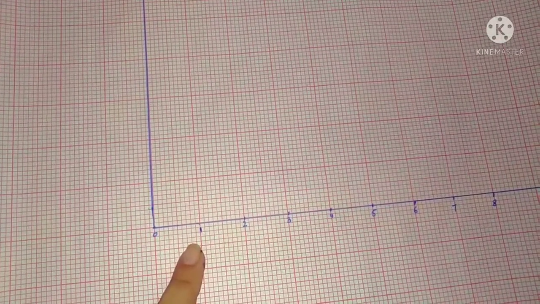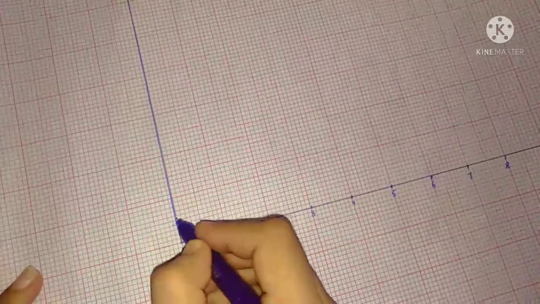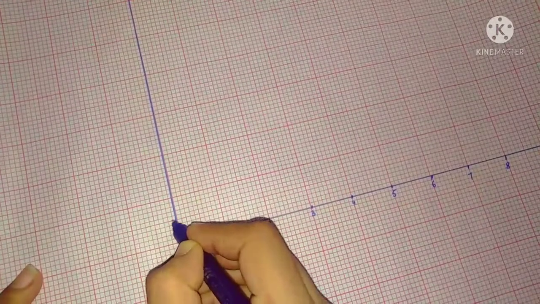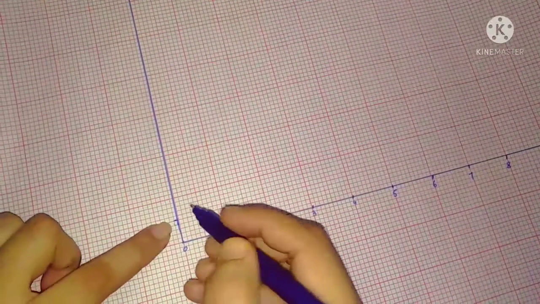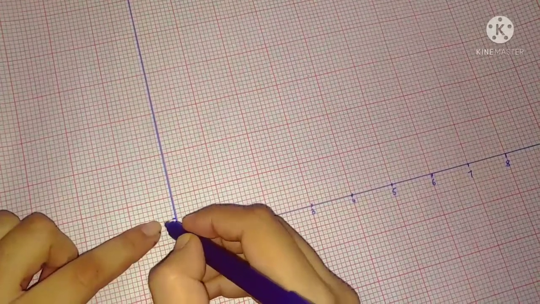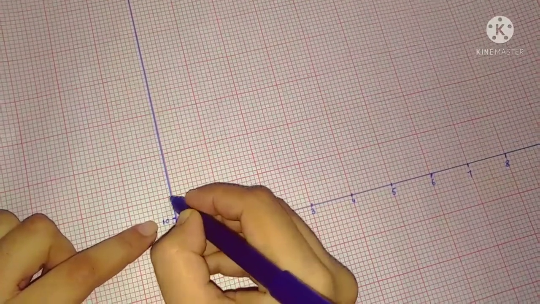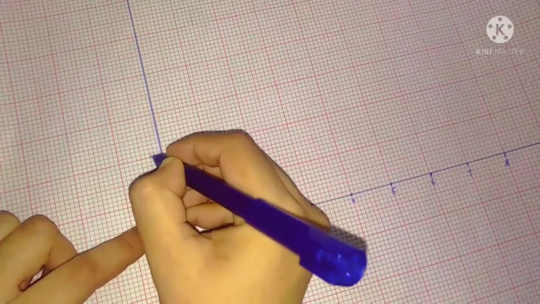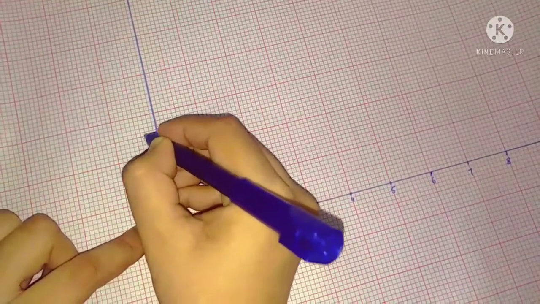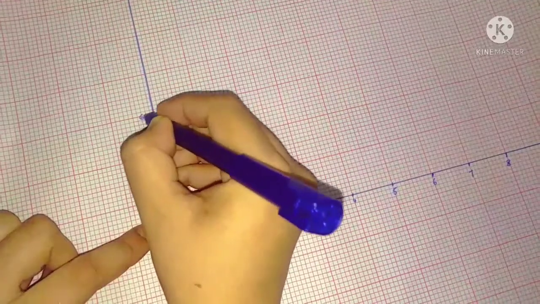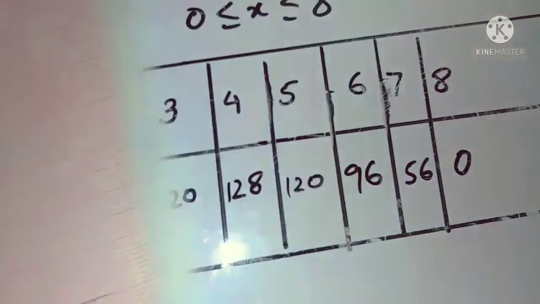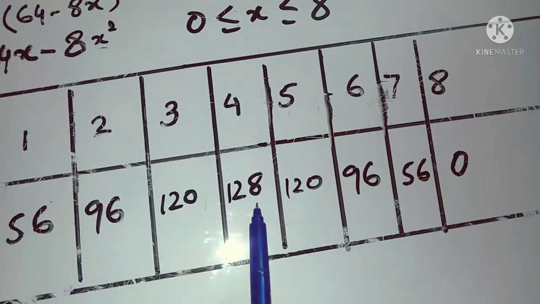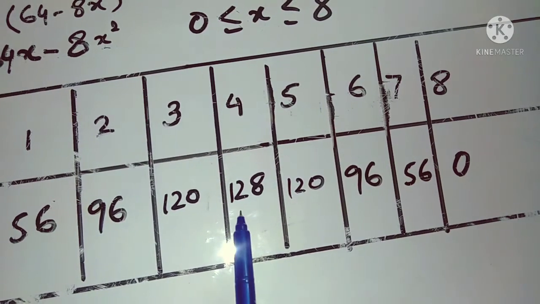On the y-axis they are saying that 1 centimeter represents $10. So here this is 1 centimeter, there are 5 small boxes to show 1 centimeter, so you have to give the gap of 10. So here this is 10, 20, 30, 40, 50, 60. See the maximum value, it's 128, so I will write until 130.